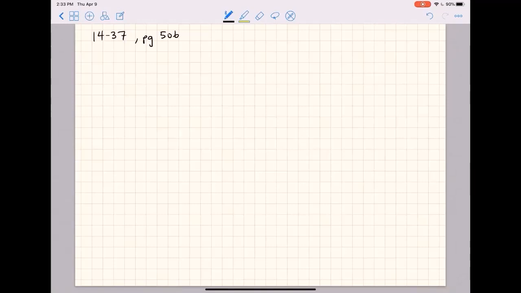Okay, 1437 says a 1,200-pound wrecking ball with a velocity of 4 feet per second at the bottom of its arc strikes a wall and comes to rest in a distance of 9 inches. Neglecting any change in height of the ball, determine A, the average force on the wall, B, the deceleration rate, and C, the time period of deceleration.